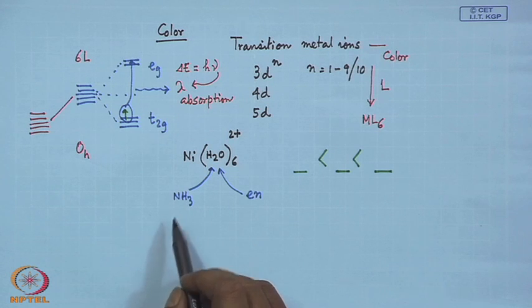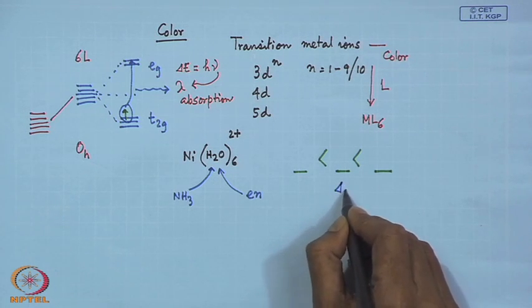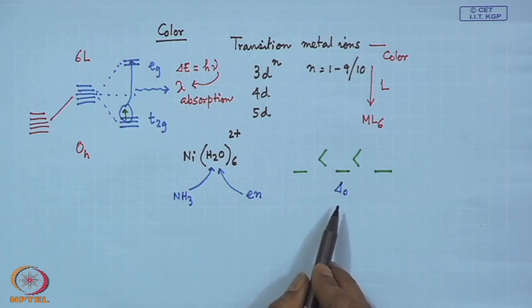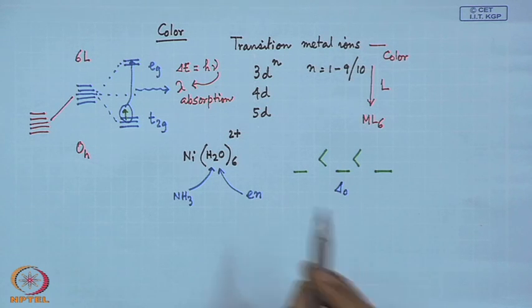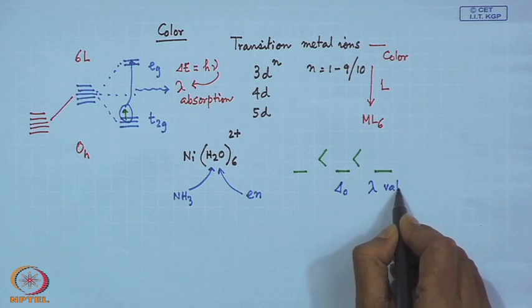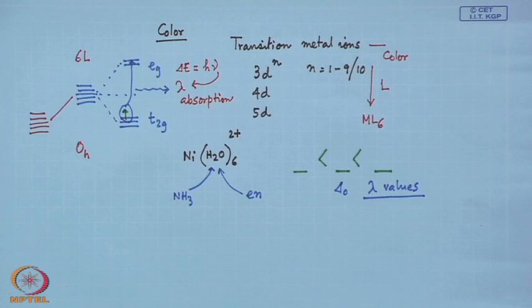So, if we go on changing the ligands, we will be able to change the corresponding delta O, that means the crystal field splitting we can monitor, and therefore we have different lambda values for one particular transition related to one color.